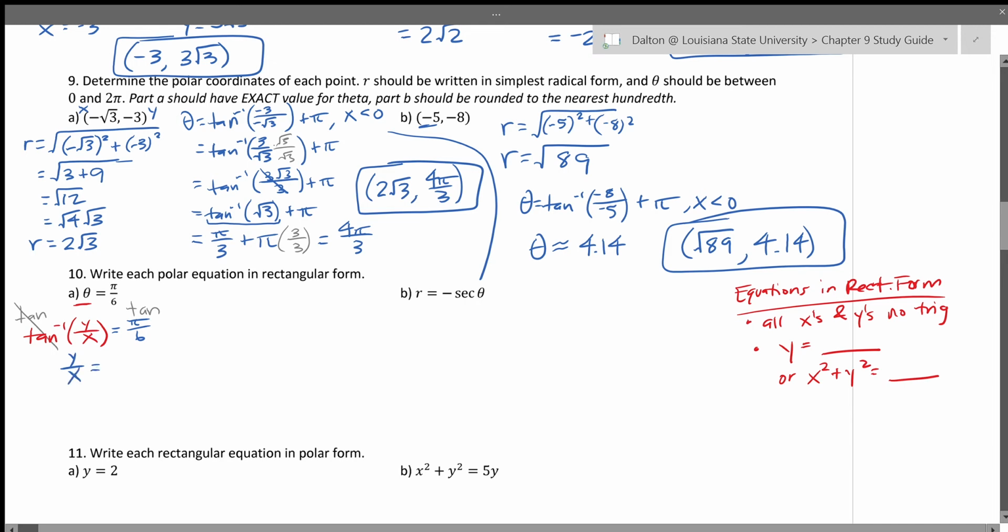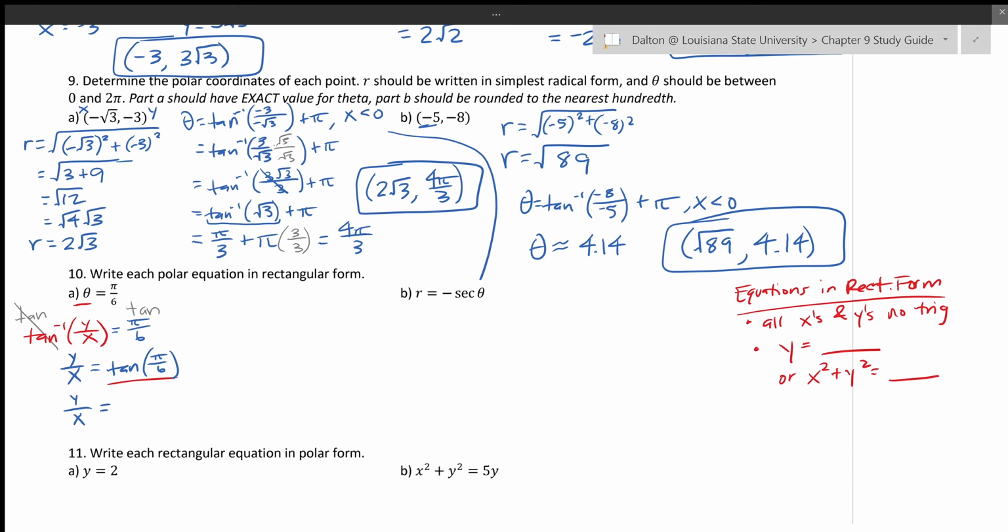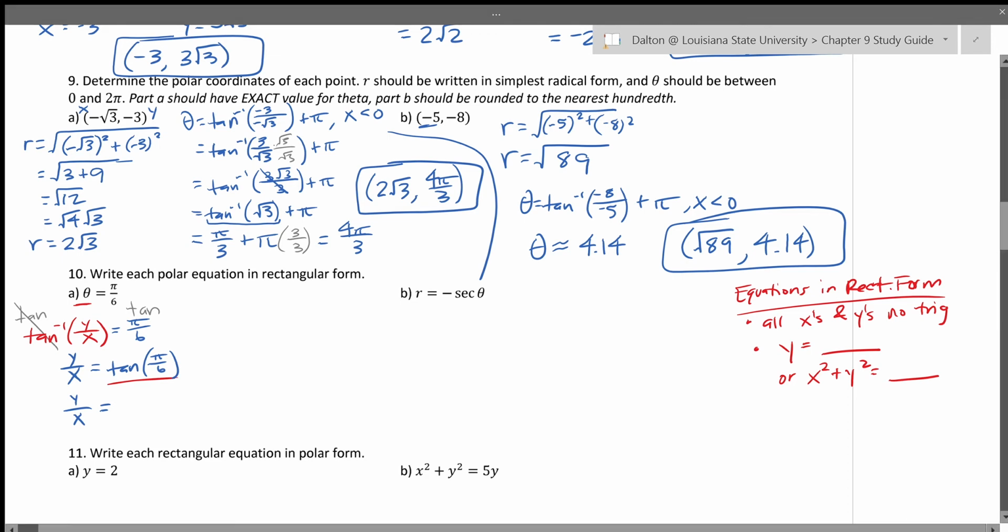And on the right side, what is the tangent of pi over 6? Well, again, this is where your unit circle is going to come in handy. If we use our unit circle, we can evaluate the tangent of pi over 6, which, we found earlier, is the square root of 3 over 3.